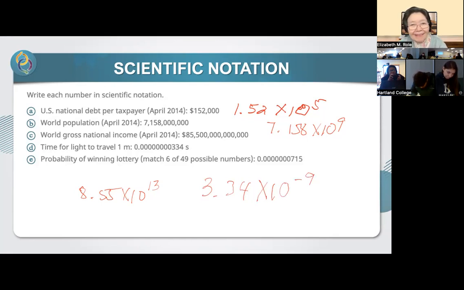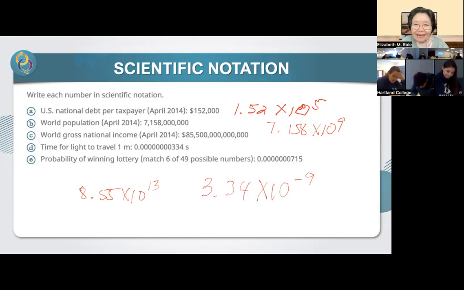Is that okay? So for letter E, you count the number of zeros until you move to 7.15. So what will that be? How many places? 7.15 times 10 to the -8.